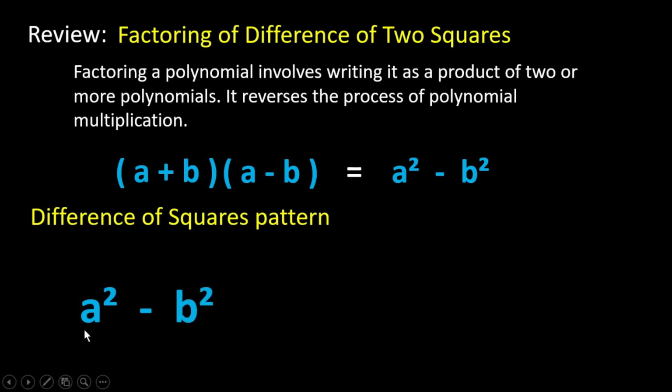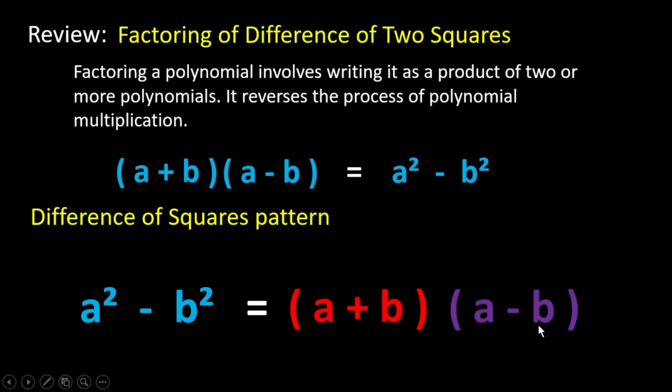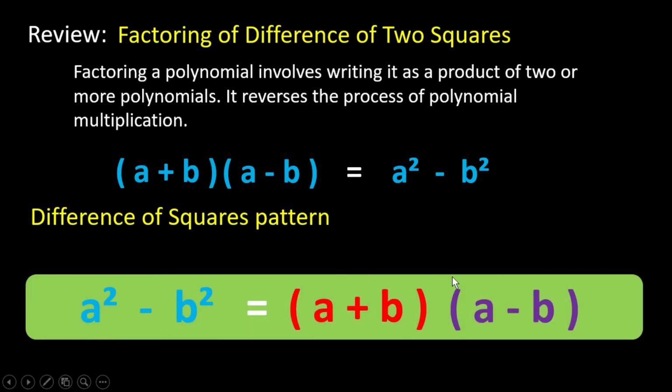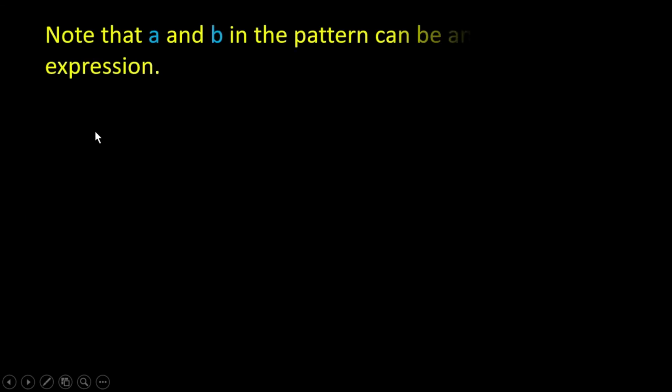So, factoring difference of two squares, A squared minus B squared, kailangan lang ay A plus B times A minus B. So guys, yung A plus B at saka A minus B, ito na yung dalawang factors ng A squared minus B squared. Okay? Note that A and B in the pattern can be any algebraic expression.